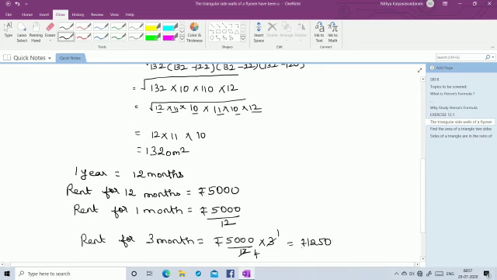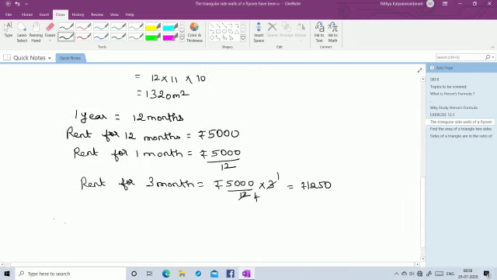Then how much area do we have? 1,320 meter square we have. So this is the cost for only 3 months per meter square. So multiply rupees 1250 by 1,320 meter square.